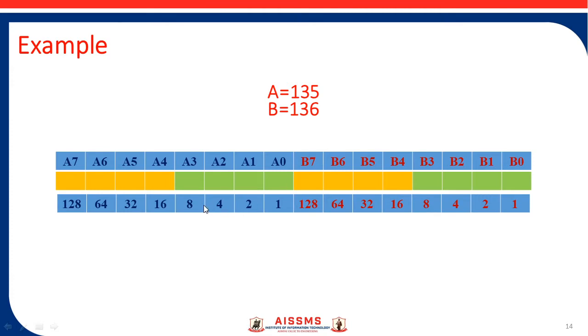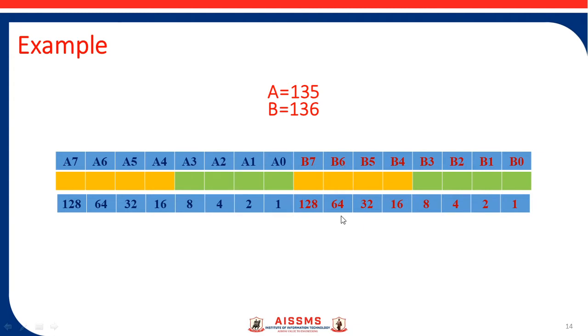So write down the weight for A and B. For B0 it is 1, that is 2 raised to 0. B1 it is 2, 2 raised to 1. B2 is 4, that is 2 raised to 2. B3 is 2 raised to 3, it is 8. B4, 2 raised to 4, it is 16. B5, 2 raised to 5, 32.